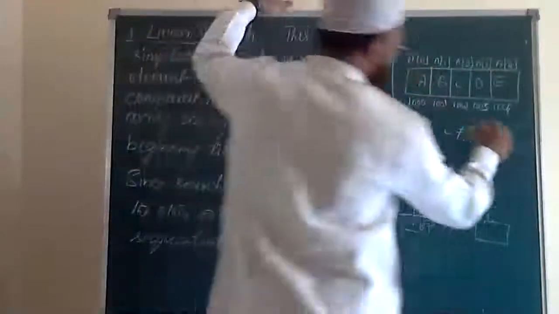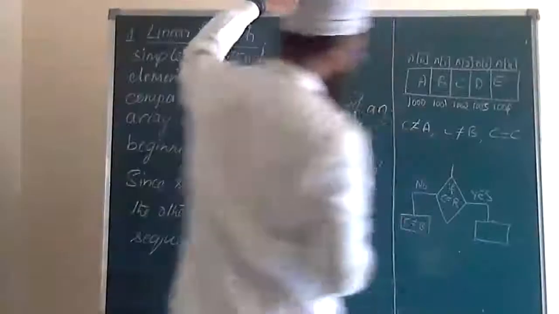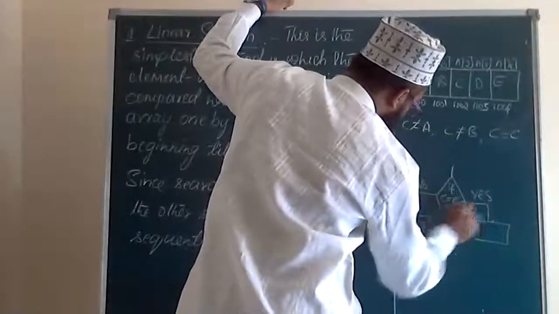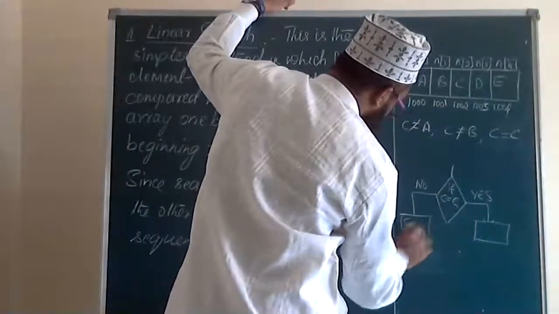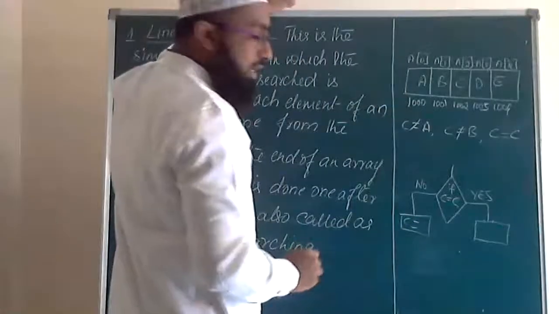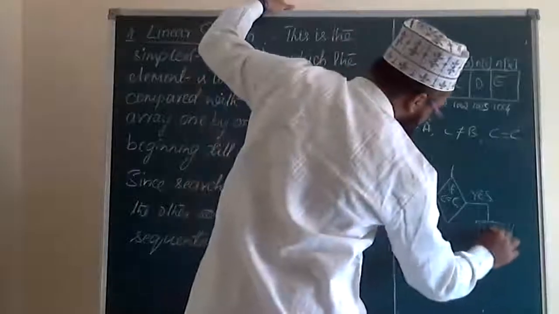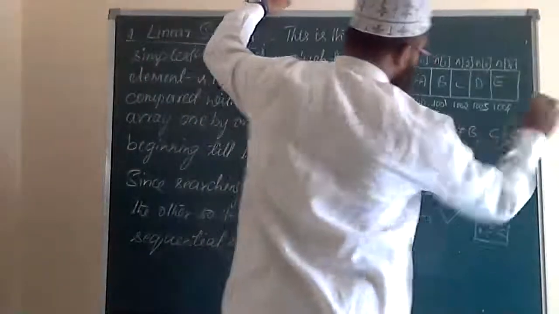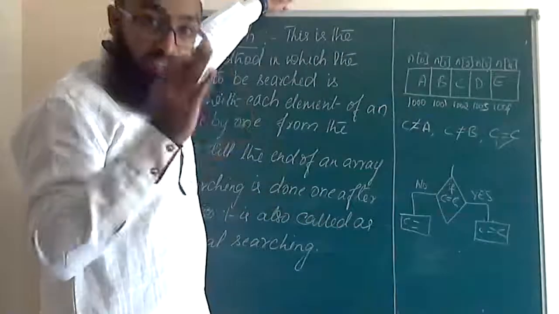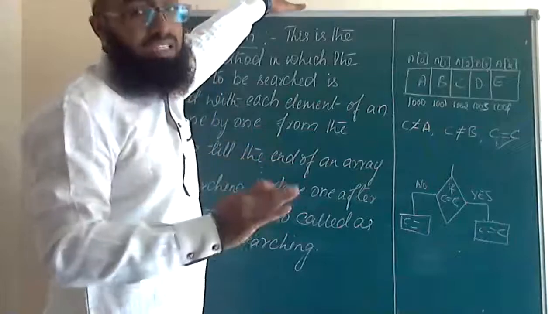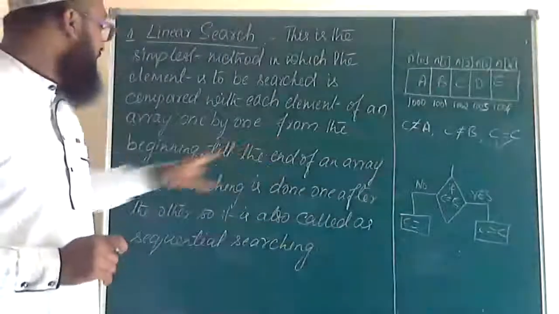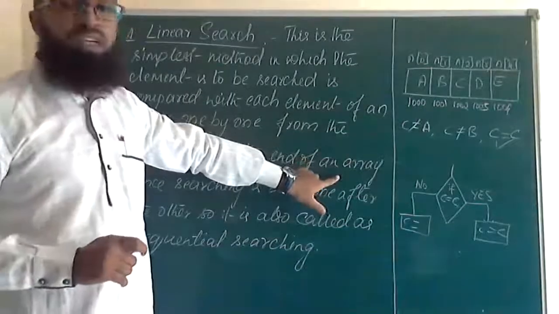Then C is again compared with C. If C is equal to C, it will print yes, C is equal to C, and the answer will be right. Even after getting the right answer, it will search one by one from the beginning till the end of an array.